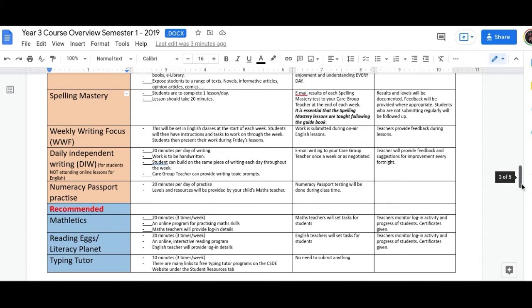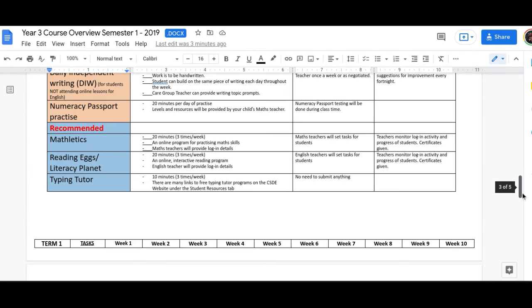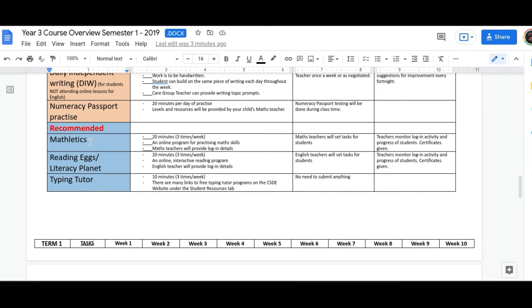Next, you have your spelling mastery, your weekly writing focus, and daily independent writing, which we don't do because we're online for English, and your Mr. Passport practice. They must go into your timetable. These are daily tasks, well, except for your weekly writing focus, but they must be done.